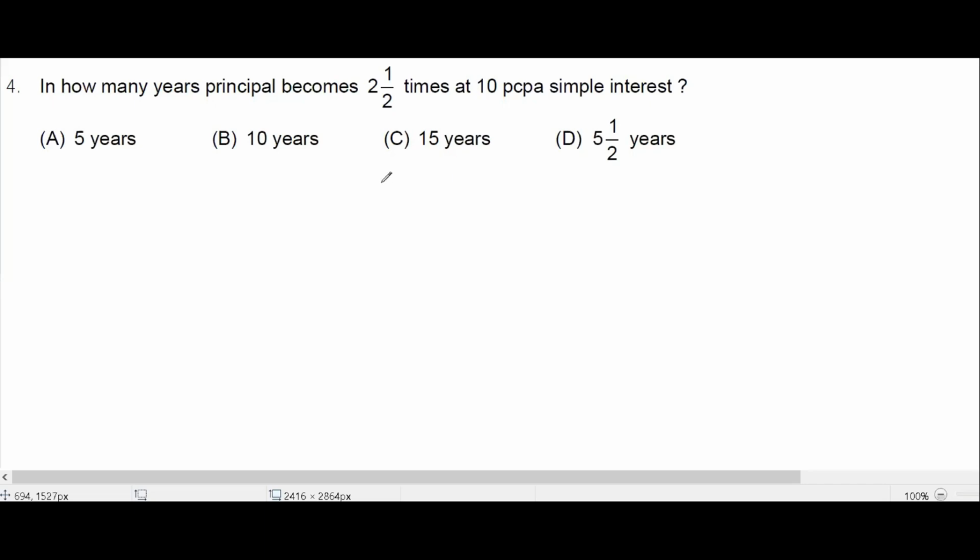In how many years does the principal become 2.5 times at 10% per annum simple interest? What does that mean? That means this principal will become 2.5 times of principal.